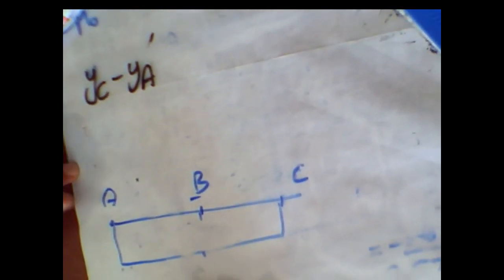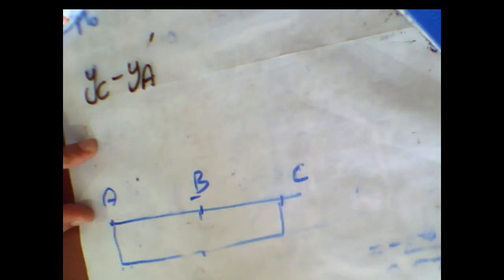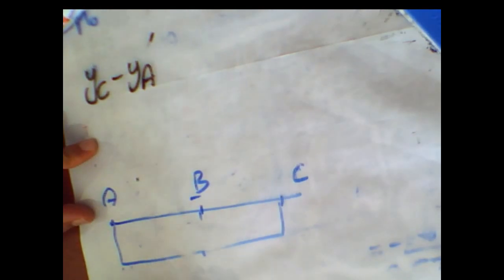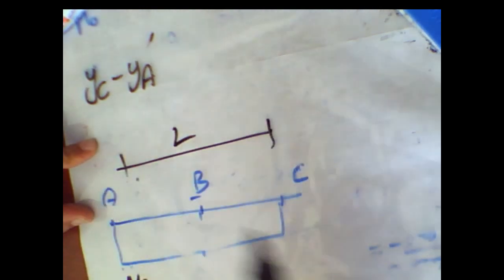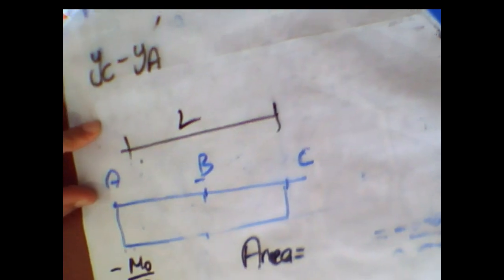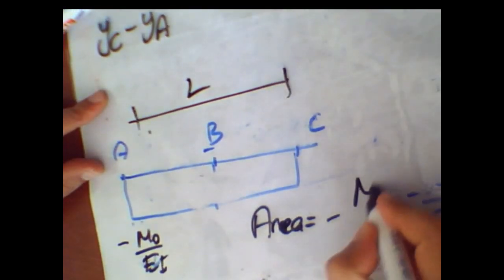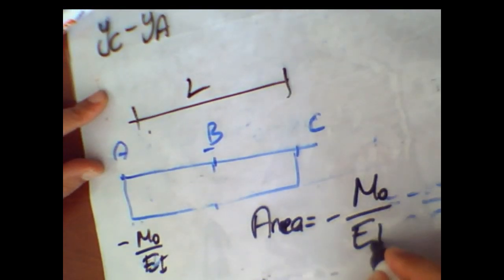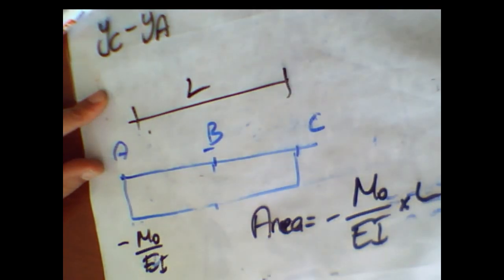I am wondering about the whole diagram, the rectangular shape: what is the area of this? You can remember that this is minus M0 divided by EI. Total length is L. Therefore the area is equal to minus M0 divided by EI times L.